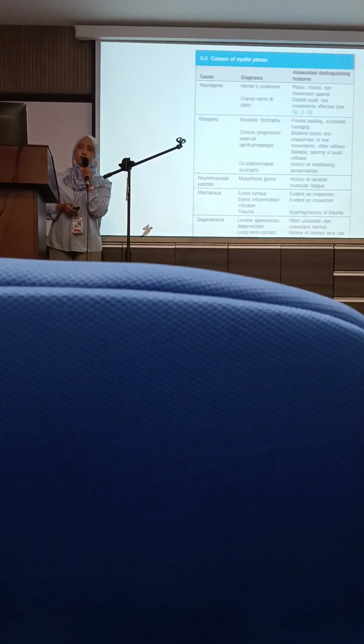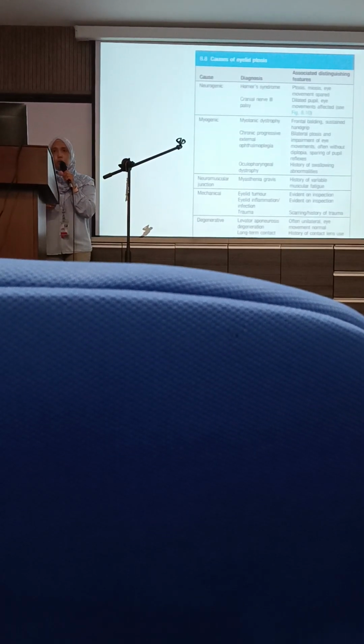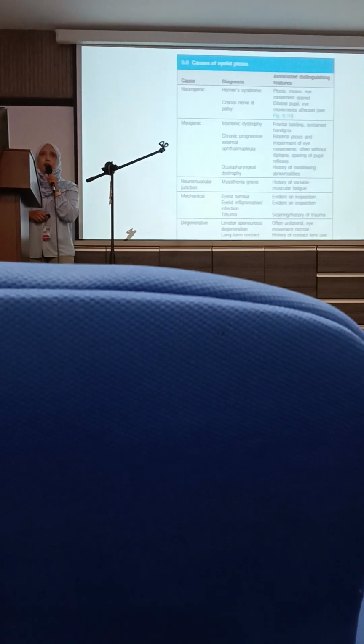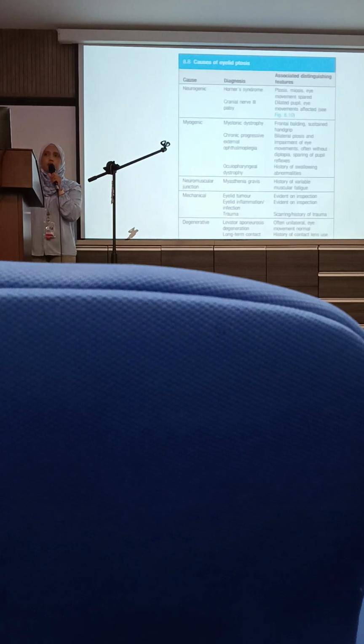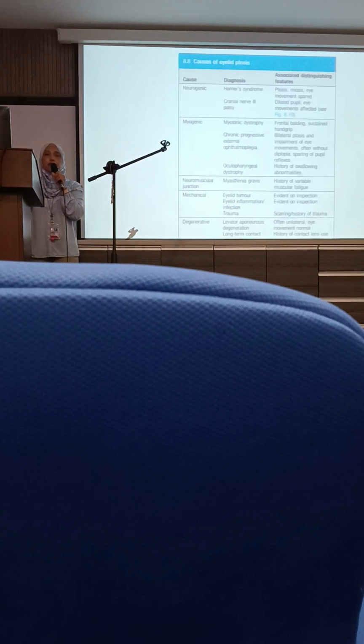Exhaustive list of causes. The abnormality where it has gone wrong could be neurogenic, high up in the brain. Either the patient has Horner syndrome, a cranial nerve itself defect, cranial nerve palsy, or myogenic muscle problems, like a patient with muscular dystrophy or chronic progressive external ophthalmoplegia.